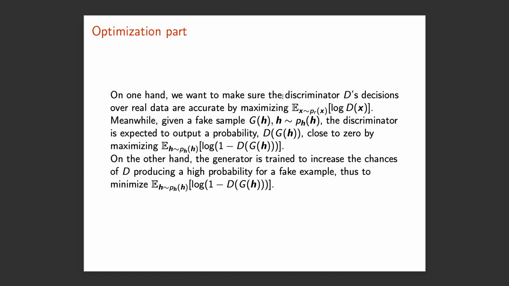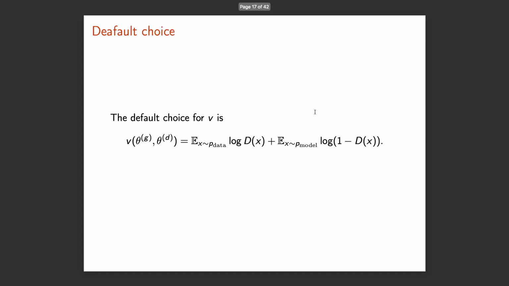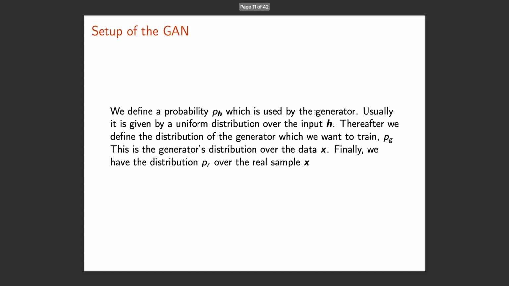so you want to make sure that the discriminator's outputs over real data are accurate by maximizing this probability. Remember that we defined this P_R to be the distribution over the real sample.